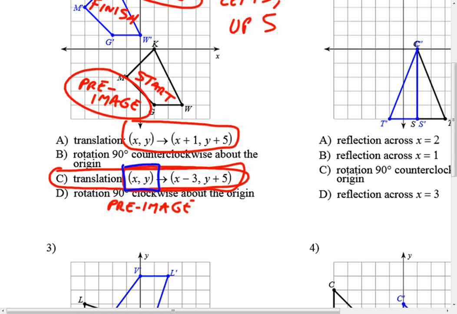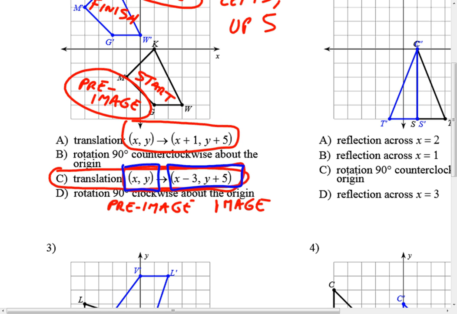This time it stands for transformation. Something is happening. Something is being changed. The second part is what we call the image. And it's indicating what's happening to every single point in the pre-image. Every single point in the pre-image is being moved 3 to the left and then 5 up, based on the -3 and the +5.